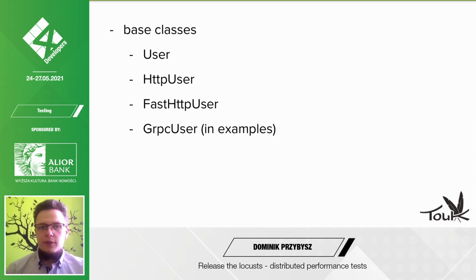You have HttpUser or FastHttpUser, which are great for interaction with HTTP services. Additionally, in the examples of Locust, you can find a gRPC user, but because the maintainers of Locust don't want to have gRPC dependencies in the Locust framework, it's only in the examples. But it's nearly ready to use. You just have to copy and paste it into your code.